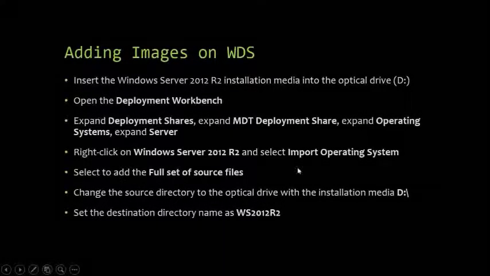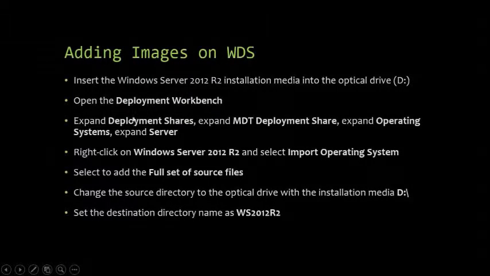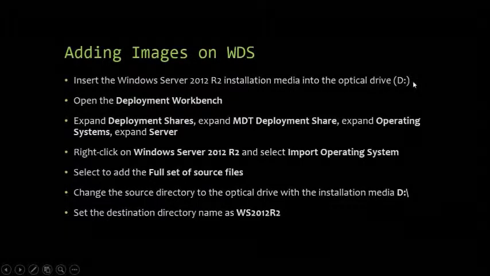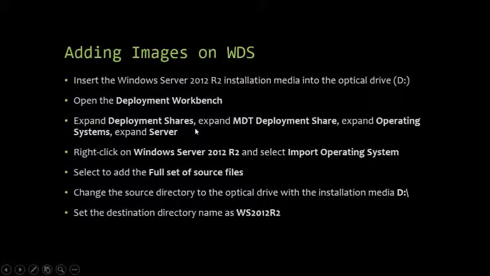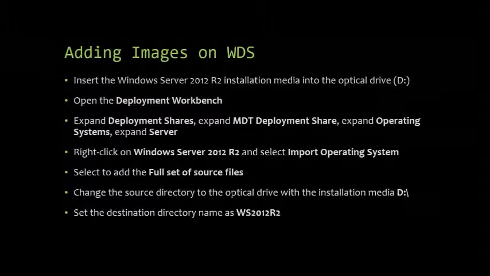These are the steps we use to add images on WDS. First, we insert the Windows Server 2012 R2 disc in the optical drive, then open the Deployment Workbench. Expand Deployment Shares, MDT Deployment Share, Operating Systems, then Server, then right click on Windows Server 2012 and select Import Operating System.